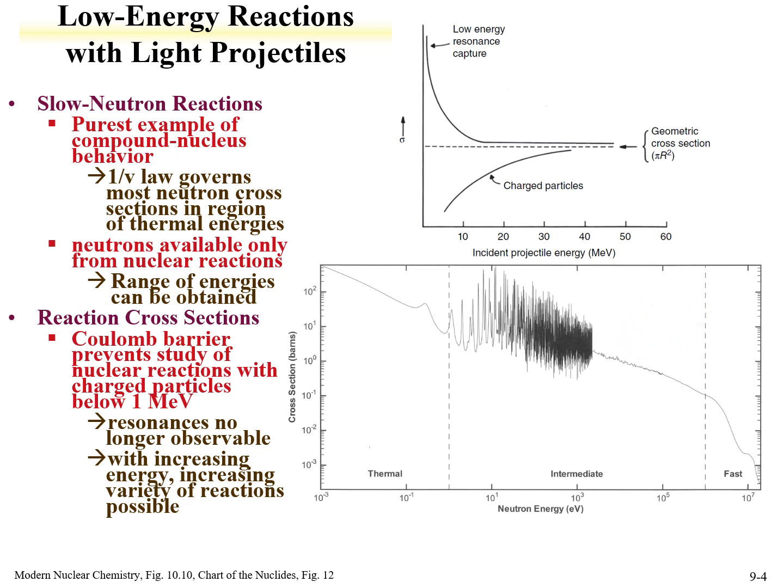Now, there are some aspects of this that are influenced by the particle. For instance, the reaction cross-sections are going to be influenced by the Coulomb barrier. The Coulomb barrier prevents charged particle reactions below 1 MeV. And here's an example of what one can see for neutron energy.